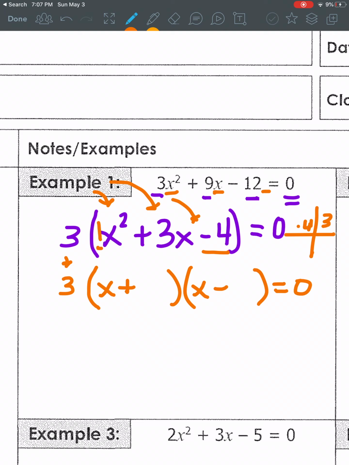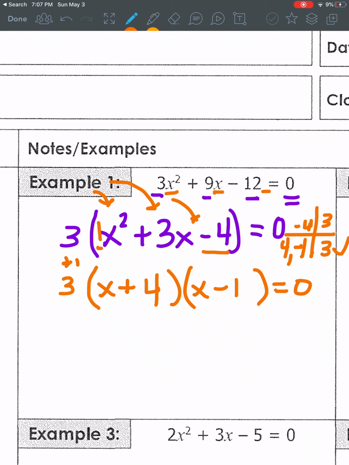So let's see, we have negative 4 and 1, so the middle number is a positive 3, we know that the bigger factor has to be positive. So if we use positive 4 and negative 1, that multiplies to negative 4, and it adds to 3. So the positive is a 4, and the negative is a 1.